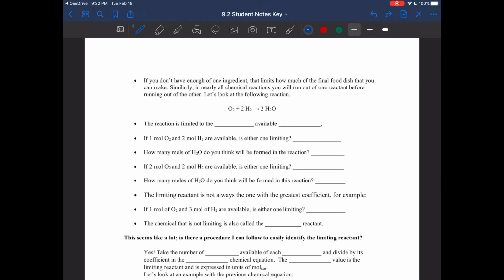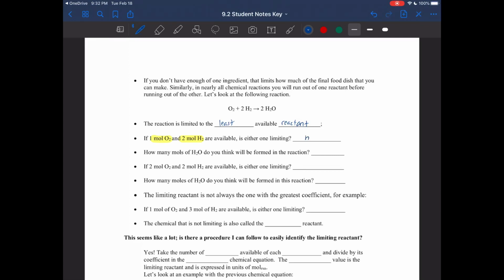So any reaction is going to be limited to the least available reactant. So whatever reactant runs out first will limit the reaction from happening. So if we have 1 mole of O2 and 2 moles of H2, is either one going to limit us here? Let's see, if we have one of these and two of these, well, it looks like that's the exact ratio that it's used up in.